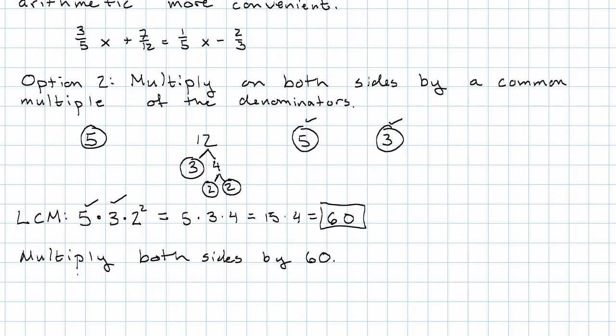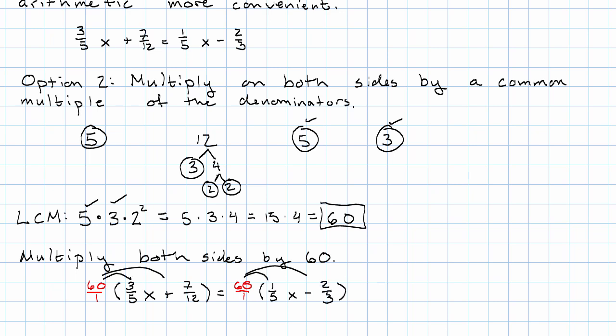I'm going to write it as 60 over 1, because I need to multiply it with some fractions, times 3/5 x plus 7/12. On the right again, 60 over 1 times 1/5 x minus 2/3.